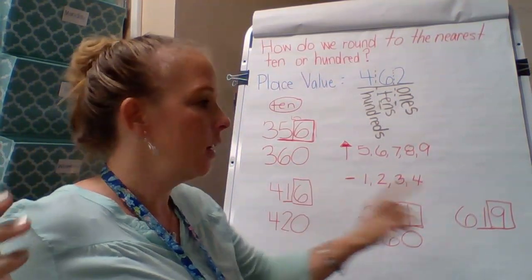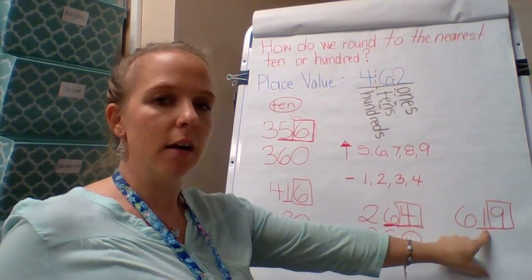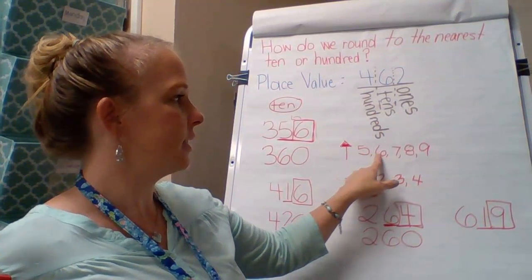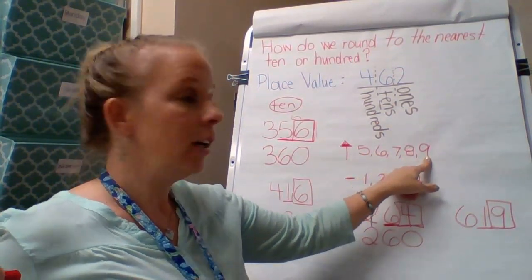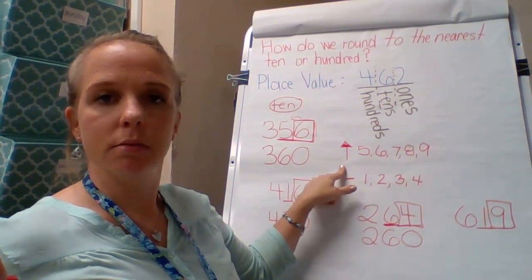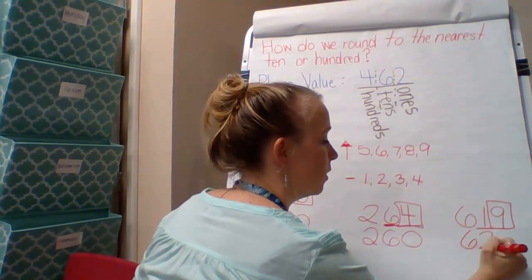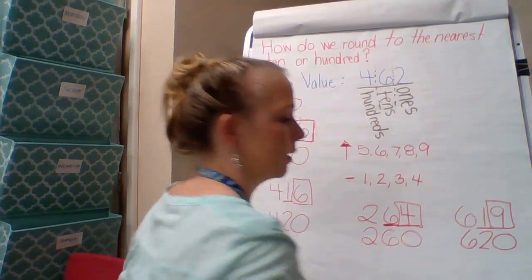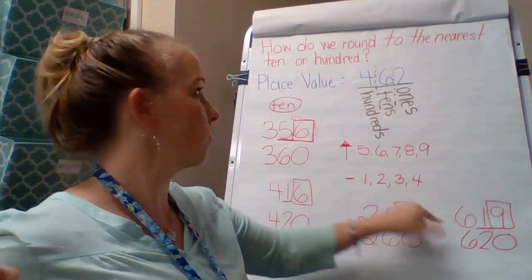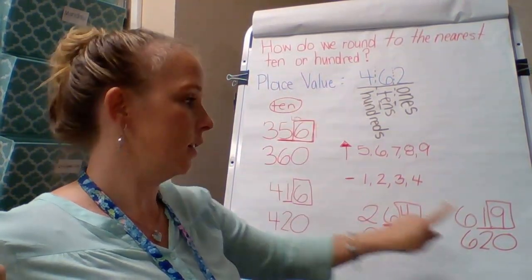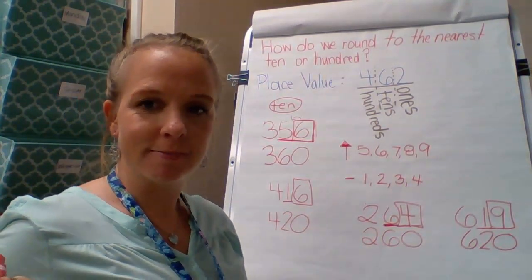What do I do here? The number 9 is going to say, oh, hey, number 1, I am a 5, 6, 7, 8, or 9, so you're going to bump up. So my number 1 is going to turn into a number 2 and say, goodbye, neighbor. So 619 rounded to the nearest 10 is 620.